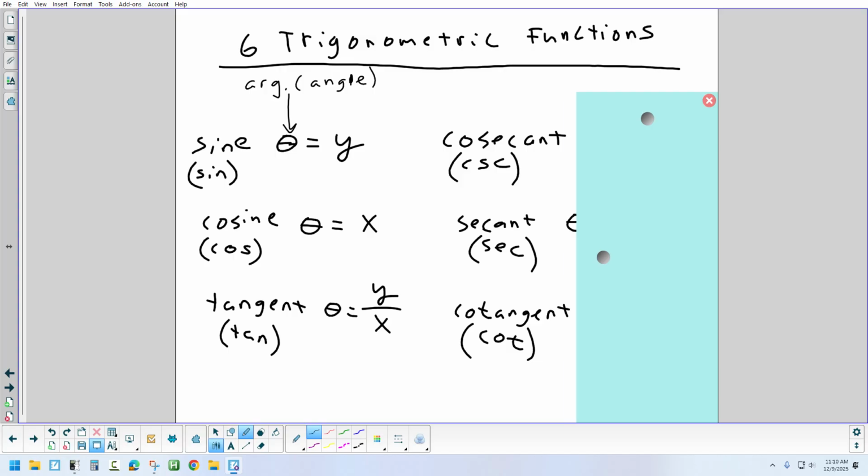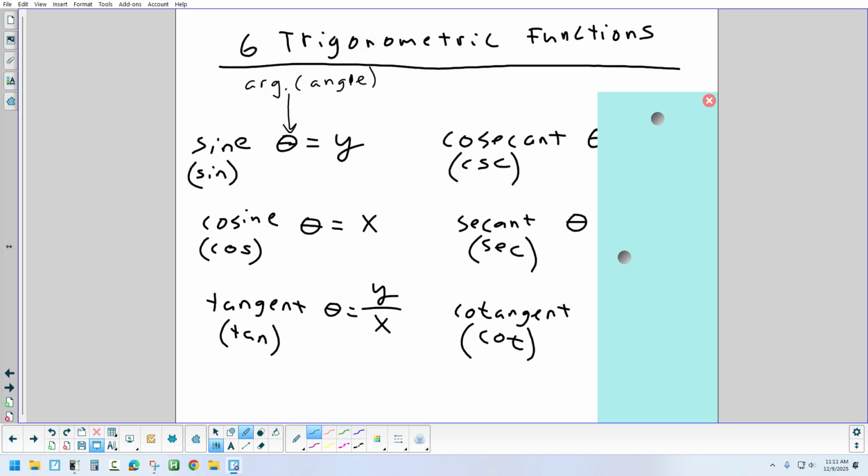And I wrote them the way that I did because there's a connection between sine and cosecant, between cosine and secant, and between tangent and cotangent. The connection is they are what we call reciprocals. So if you know the sine, all you have to do is flip it, and that is the cosecant.